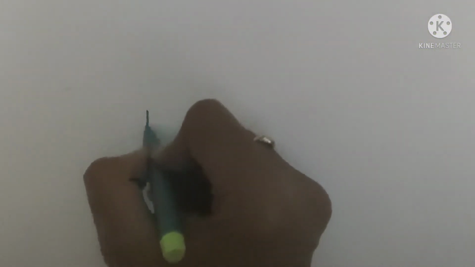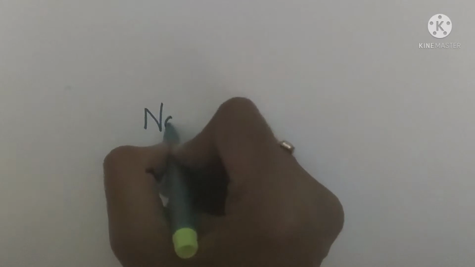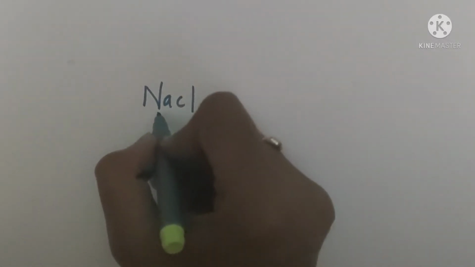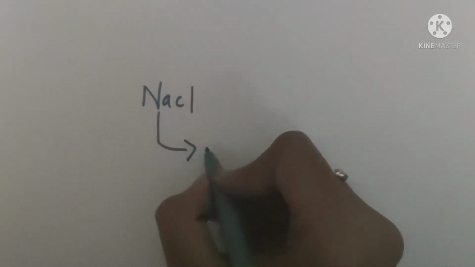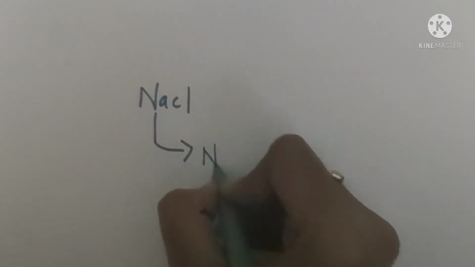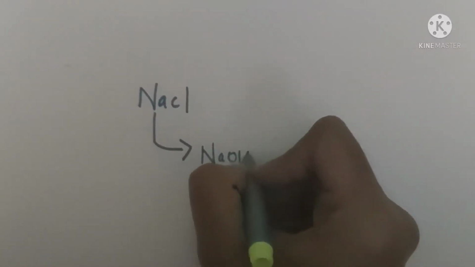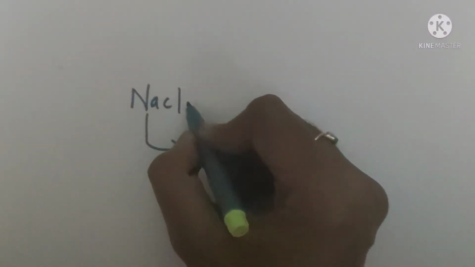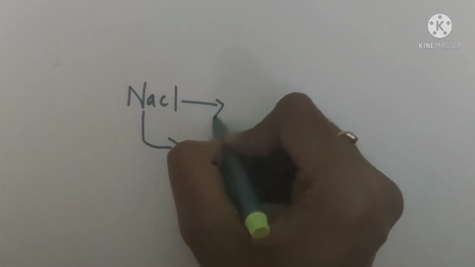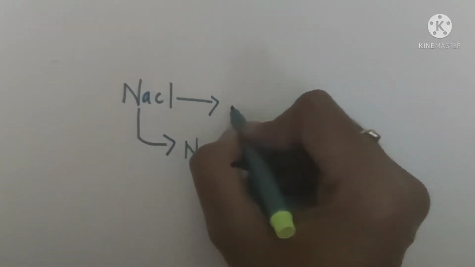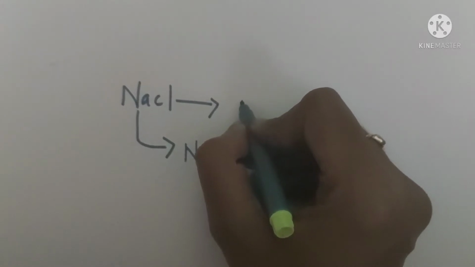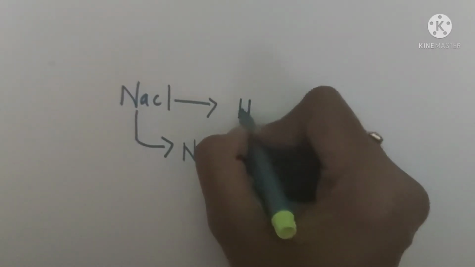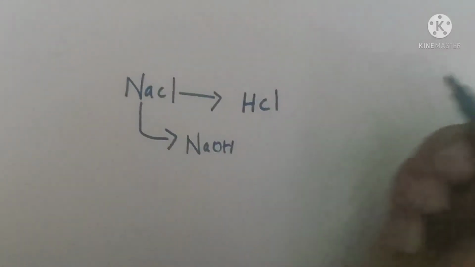For example, NaCl. The first name is derived from the base, that is NaOH. And the second name is derived from the acid, that is HCl.